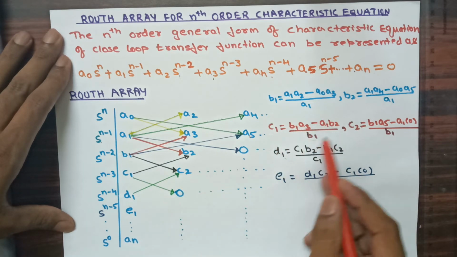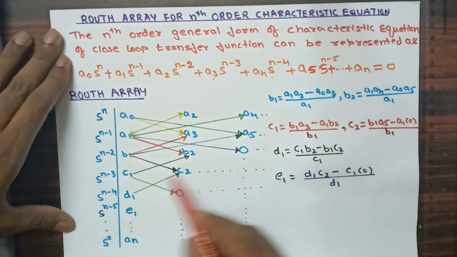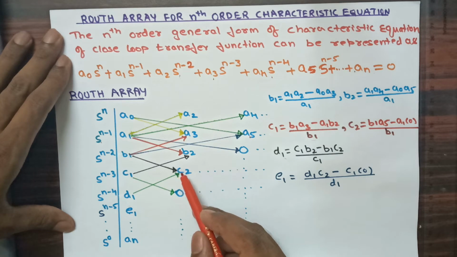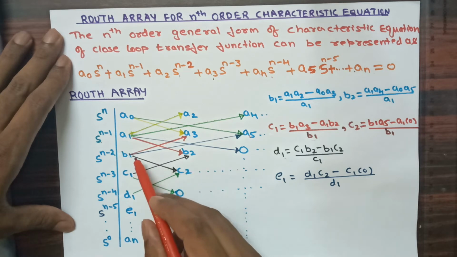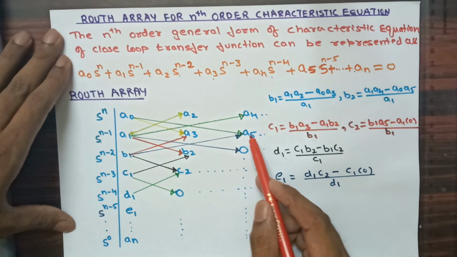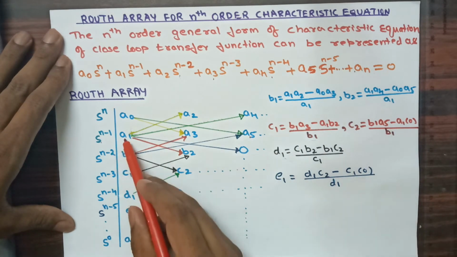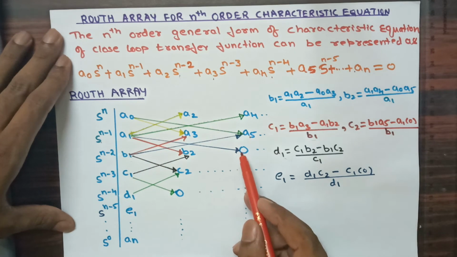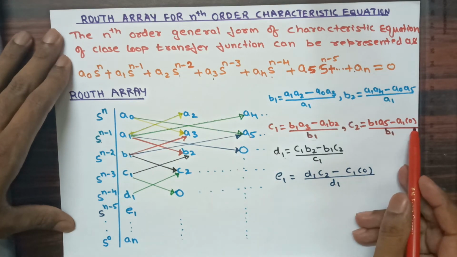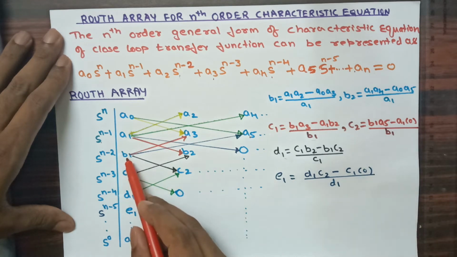Instead of writing this whole value, in this case also I have represented it by c1. Next, to get the fourth row second value, we are going to multiply b1 with a5 minus a1 with 0, divided by b1.